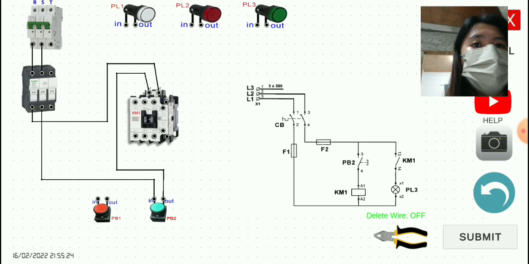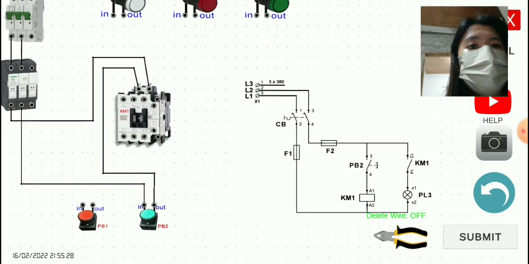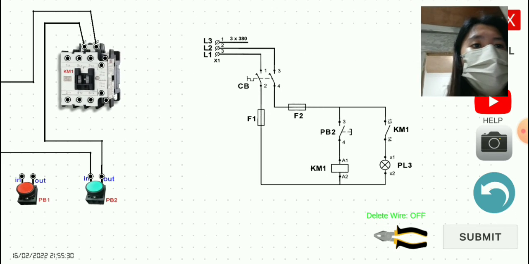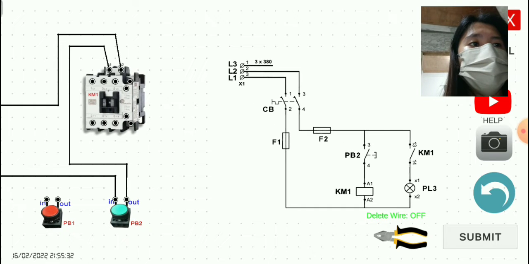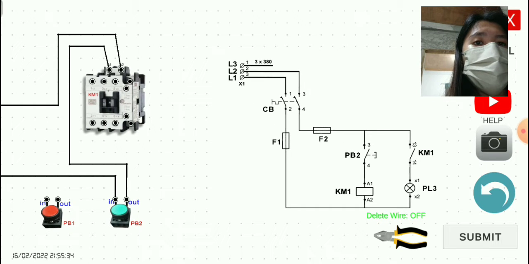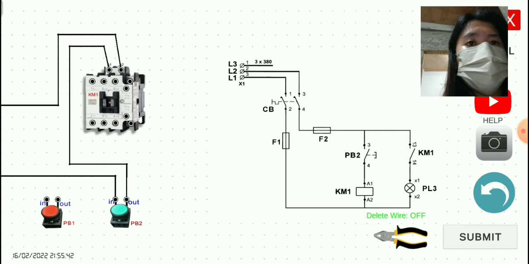Our 13, the normally open contact, needs to be connected to fuse 2, but it is easier if you just connect it to the input of the PB2, the number 3 of the button.